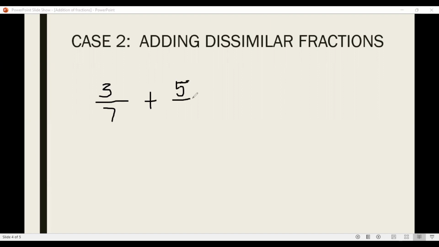So as you notice, the denominator in the first fraction is 7, which means that the whole thing was divided into 7 parts. Okay, and the other one is 5/14. It was divided into 14 parts.